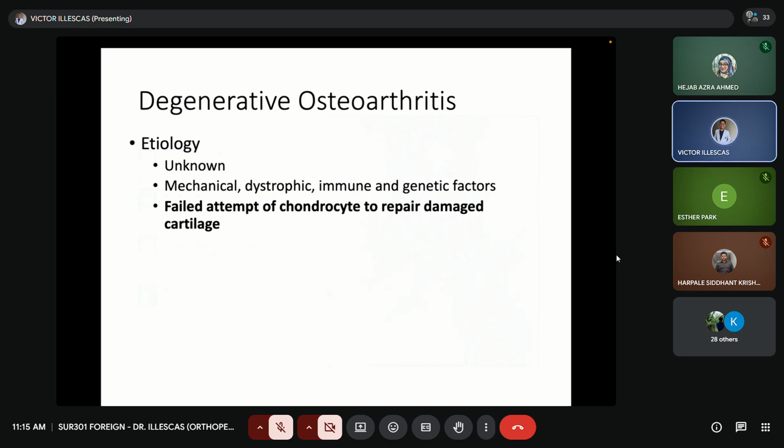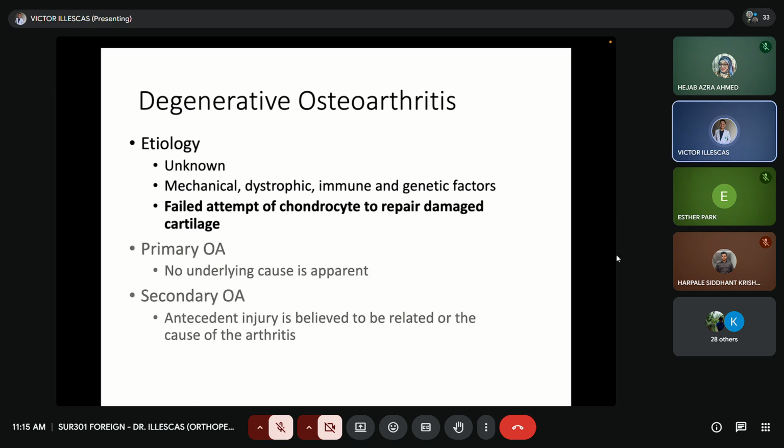Let's begin the discussion of the different arthritis. First is degenerative osteoarthritis, which is a non-inflammatory type of arthritis. The etiology is unknown. There are factors, mechanical, dystrophic, immune, and genetic factors that play into consideration. But in this case, there is a failed attempt of chondrocytes to repair the already damaged cartilage.